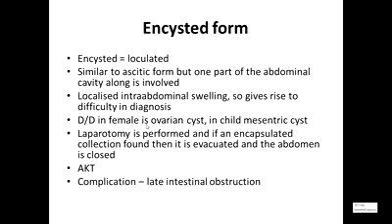The differential diagnosis in females is ovarian cyst, in children mesenteric cyst. Laparotomy is performed and encapsulated collections are found. They can be evacuated and the abdomen is closed, and the treatment is again anti-TB therapy. The most common complication is recurrent adhesion formation leading to intestinal obstruction.